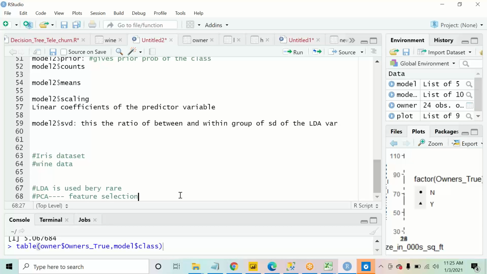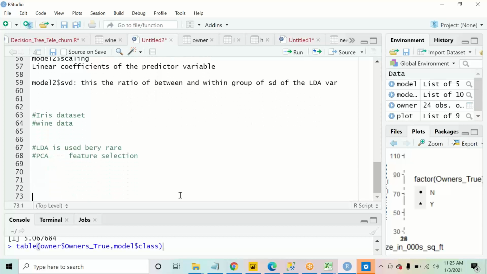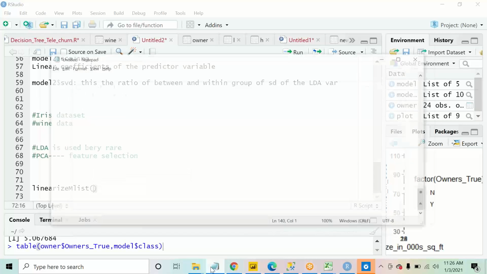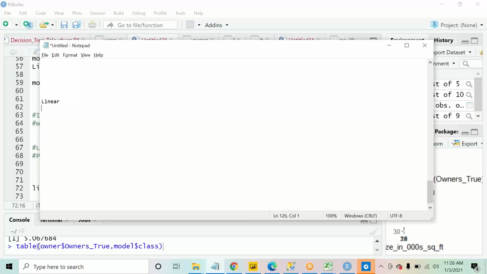Basically, if I broadly classify the algorithms that we majorly use and study, we have linear, logistic, and decision trees, and decision tree has a next part to it, that is random forest, which is a slightly advanced version of it. Then you have SVM, that is support vector machine.